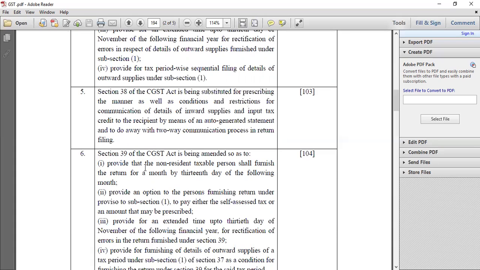So, if a non-resident taxable person has made any supplies in a month, for example, January 2022, then the non-resident taxable person shall furnish form GSTR 5 within 13th February 2022.